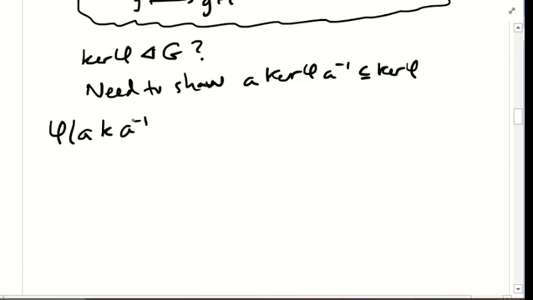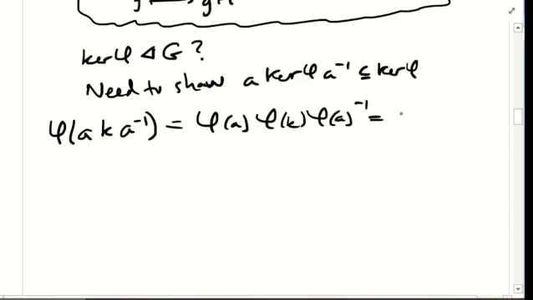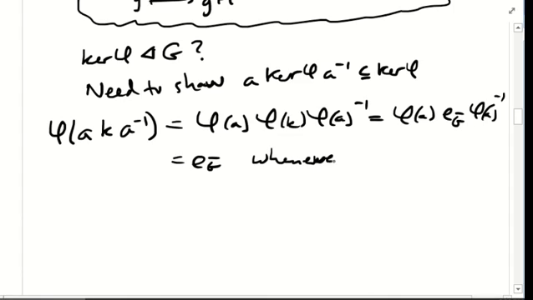Let's take phi of that. Well, it's equal to phi of A, phi of K, phi of A inverse, which is the identity, whenever A is in G and K is in the kernel, right?